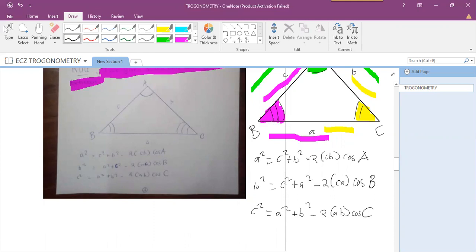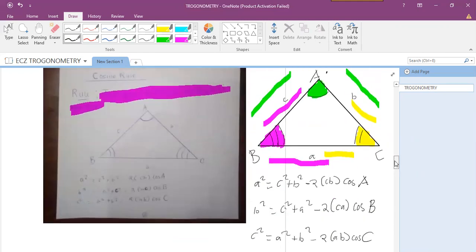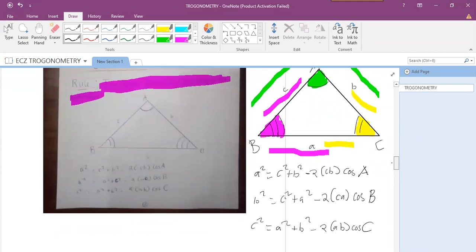You have to meditate on this video. You have to watch this video at least 3 times. You go through this topic. So that's how you identify the cosine rule. You are always going to be given one angle, and that angle will have two given sides. Every time, they will not change this.